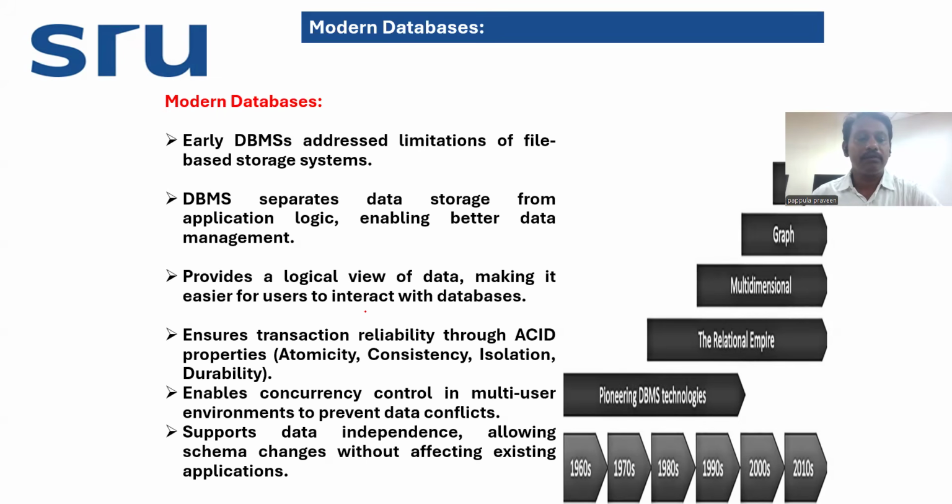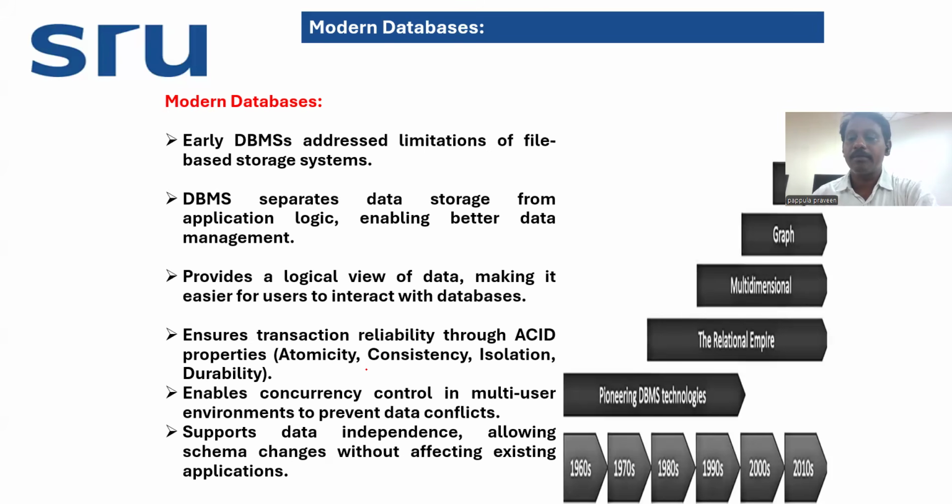Now, the main advantage of using the DBMS is multiple user access, so we can access at a time, right? And it supports data independence, allowing schema changes without affecting existing applications. Now you observe the taxonomy of the databases: 1960s, 1970s, 1980s, 1990s, 2000, and 2010.